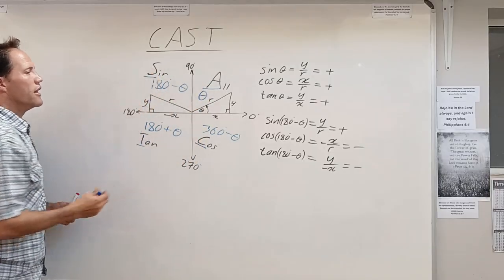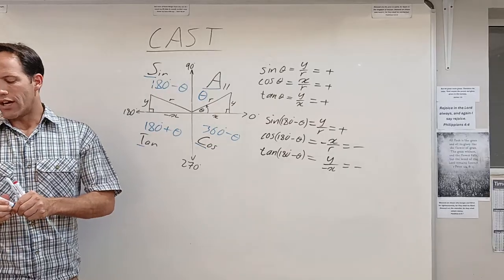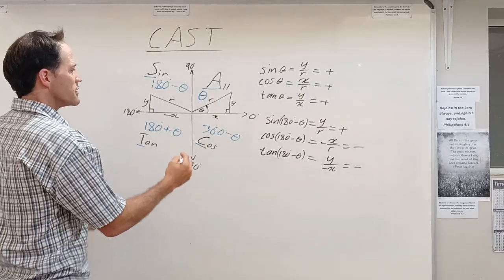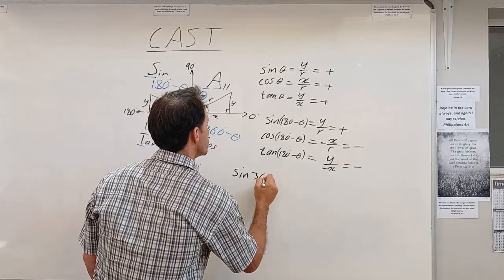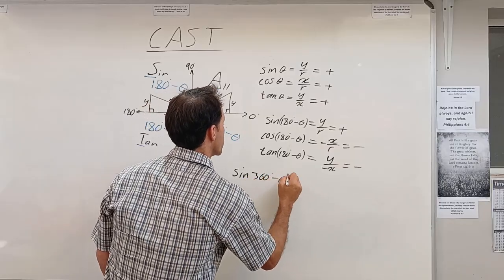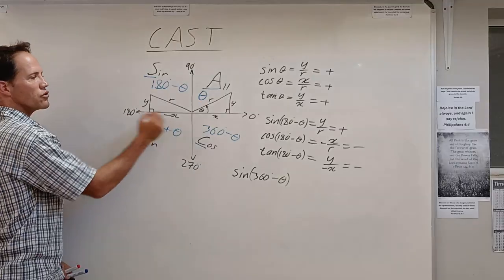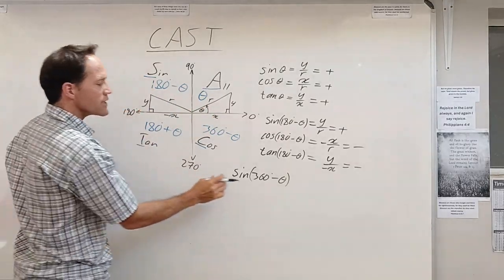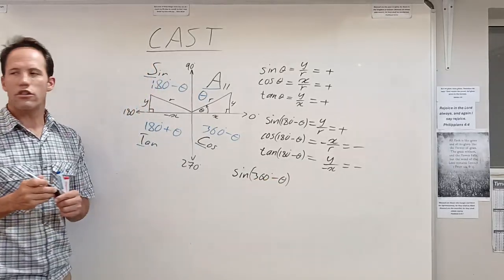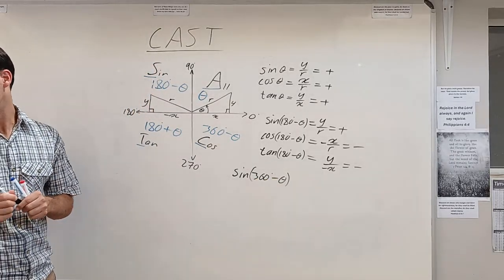C-A-S-T, cast. So if I give you any angle now, if I say, for instance, what is sine 360 minus theta? I'm not going to do the other two triangles as well. You get the idea with the triangles. If I say what's sine 360 minus theta, you ask yourself in which quadrant is that?